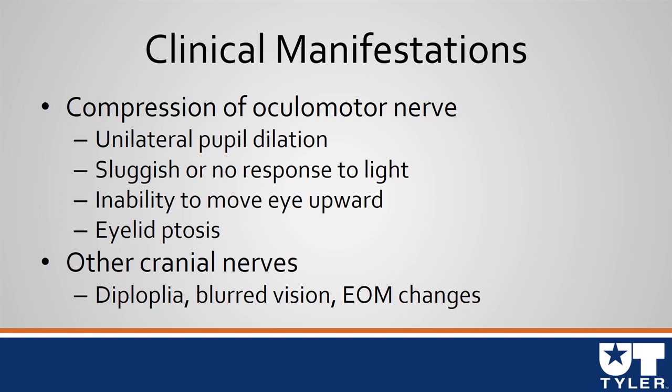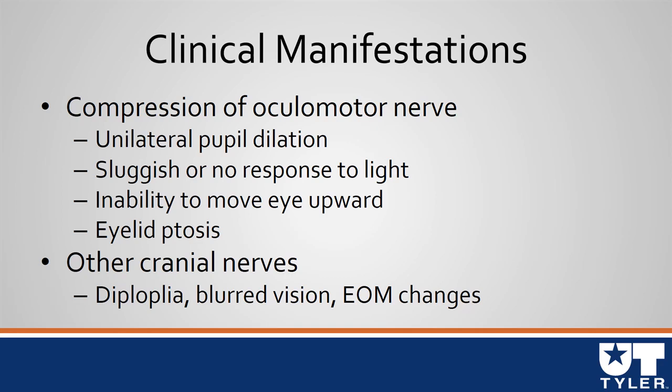Other cranial nerves may also be affected, such as the optic nerve, cranial nerve 2, the trochlear or cranial nerve 4, and abducens or cranial nerve 6. Signs of dysfunction of these cranial nerves include blurred vision, diplopia, and changes in extraocular eye movements.